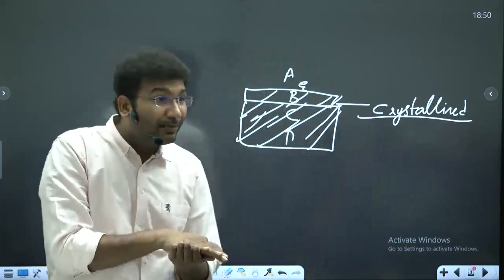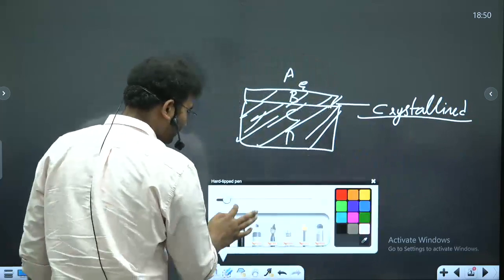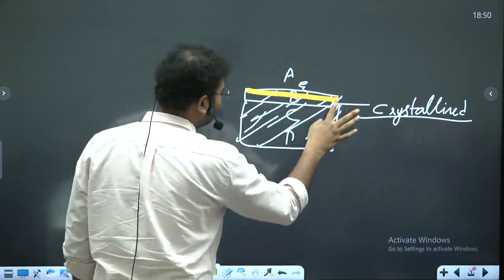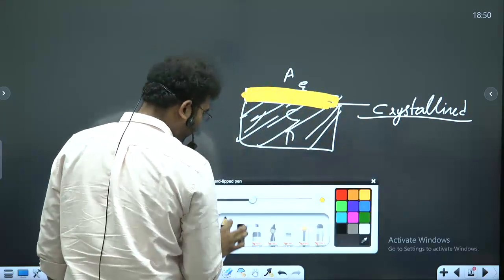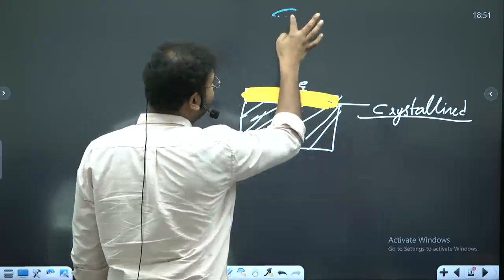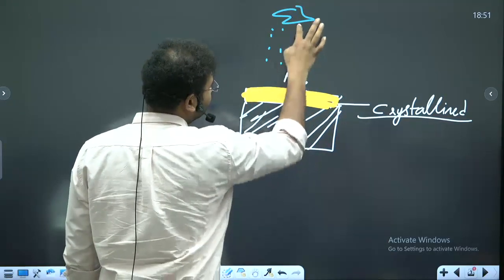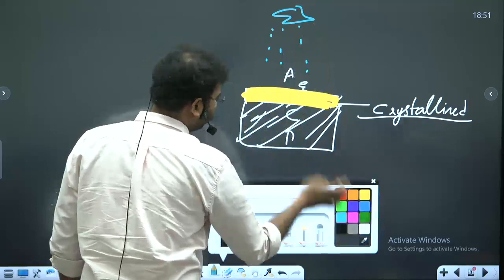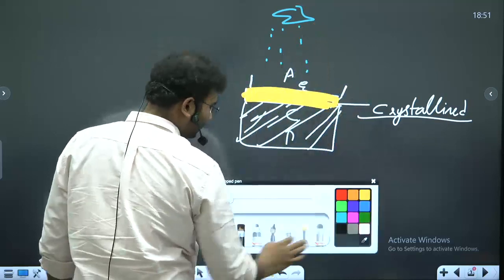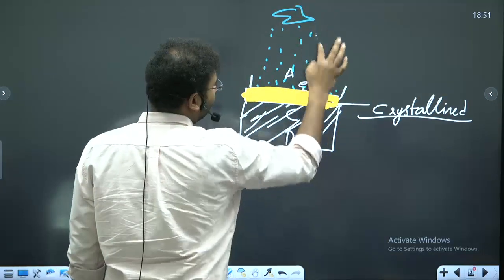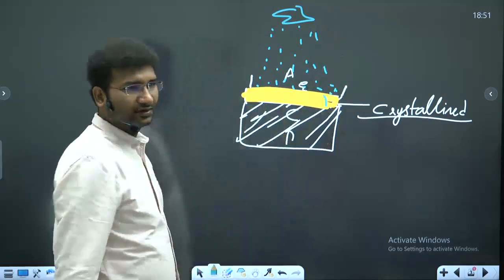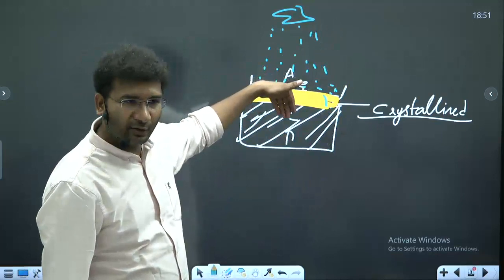They are hard pans. Imagine this is a very thick hard pan. Hard pan means it is a very hard layer, and if there is any rainfall on this A layer, this layer will not let it percolate downward.